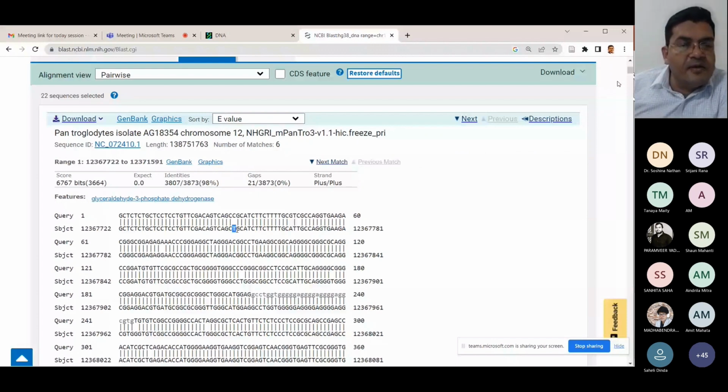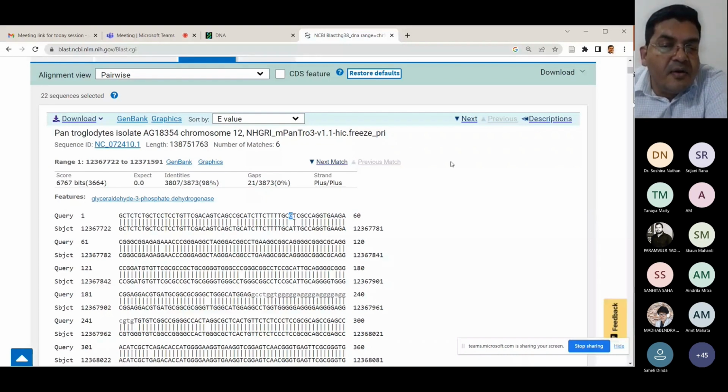So this is a substitution. Then again, you have a guanine here and an adenine here. So this is also a substitution. The nucleotide has changed in human or in chimpanzee. You cannot say which, but there has been a change in the nucleotide at that particular position. Then if you move down, you have an A here and a G here. This is also a substitution.